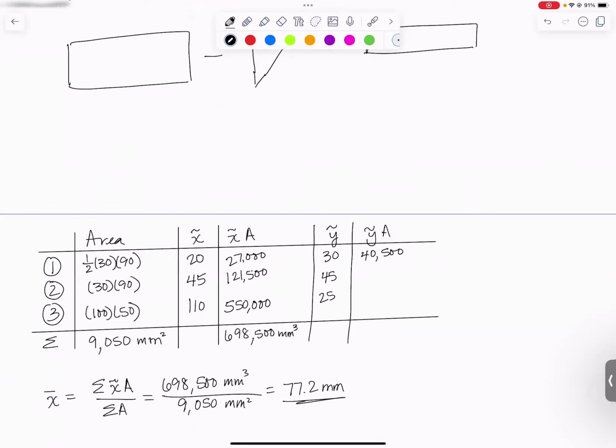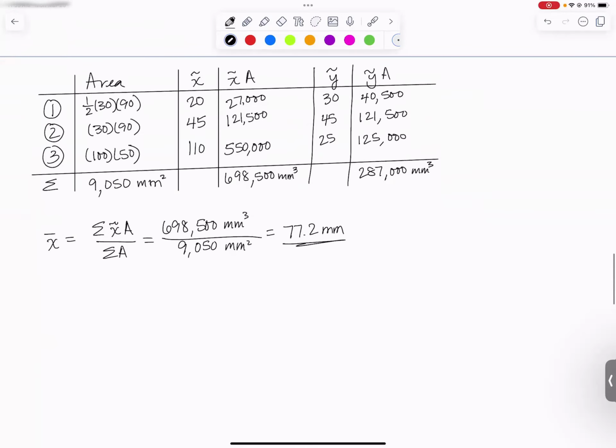And when I multiply those times the area, I get 40,500, 121,500, and 125,000. So I sum those up and I get 287,000 millimeters cubed. So to find y bar, we just drop that number, sum of the y tildes times area over sum of the areas.